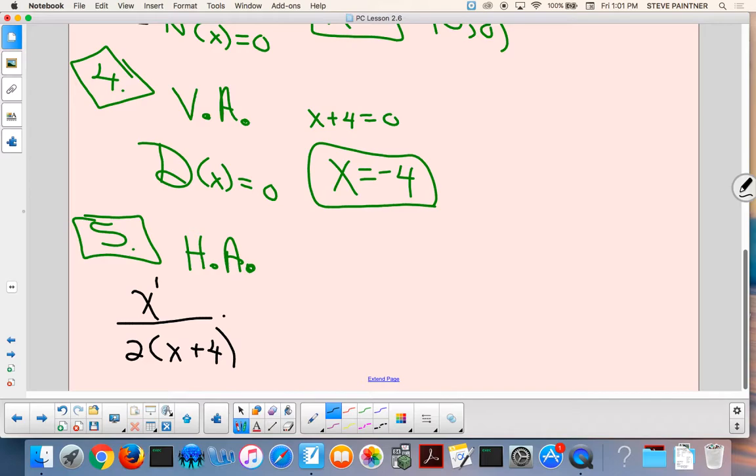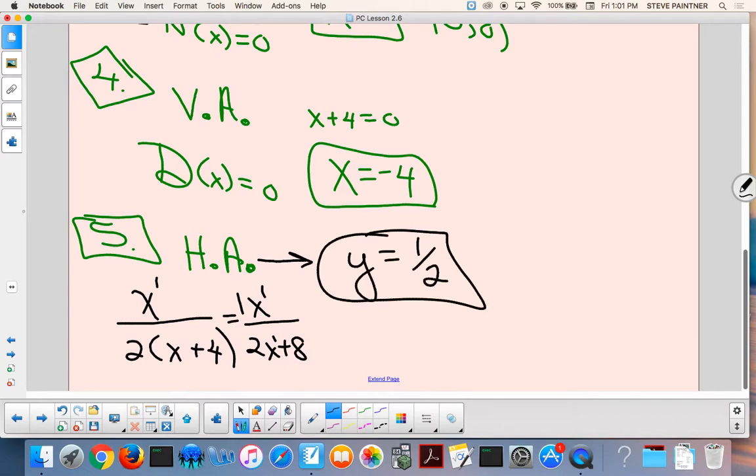No, it would just be x to the first over 2x plus 8, right? Yeah. Are your degrees even? Yes. So now it becomes the leading coefficients, 1 over 2. So your horizontal asymptote is y equals 1/2. You okay? Okay. Keep going.